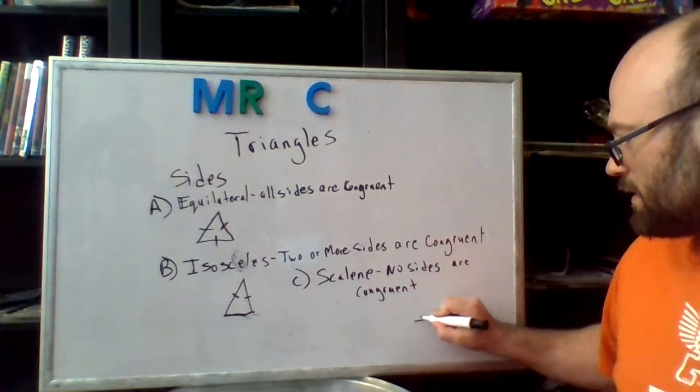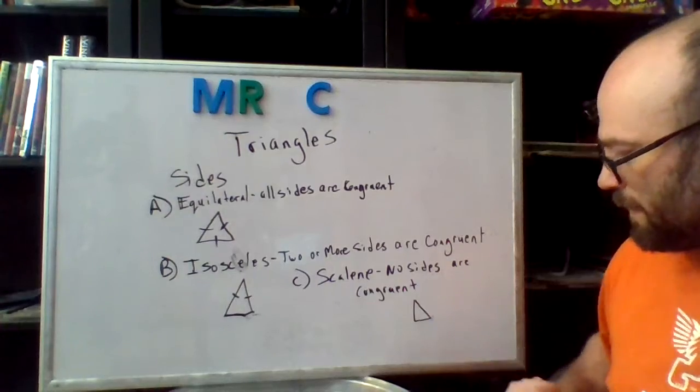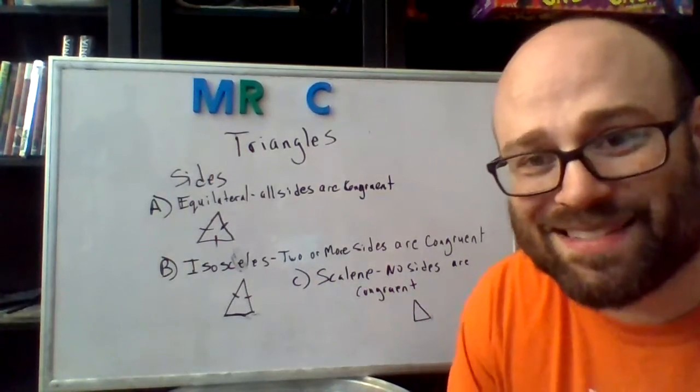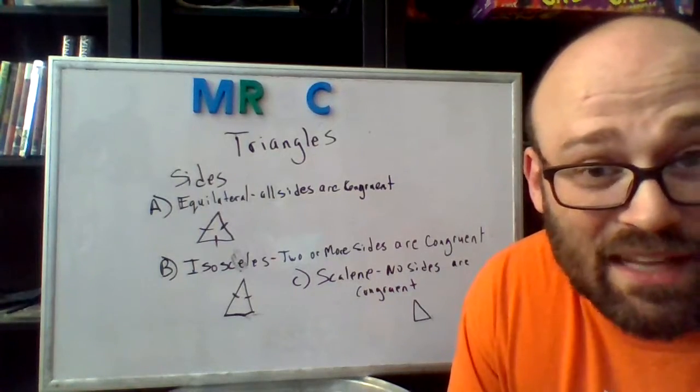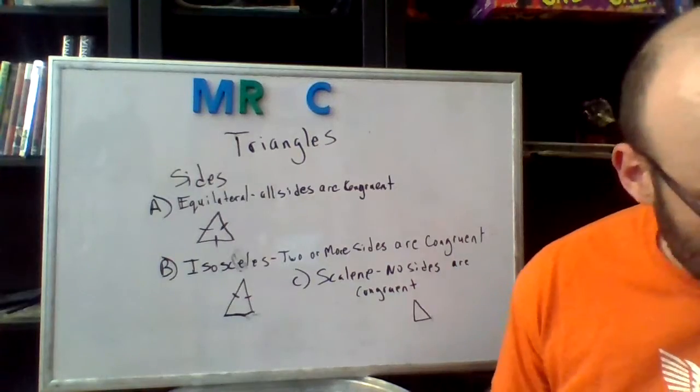So we might have something like that. None of the sides are the same size. So it's just no sides are congruent. So those are the sides.